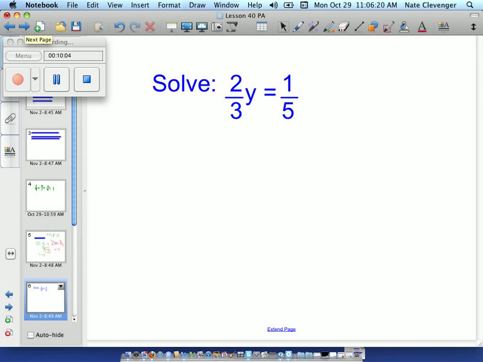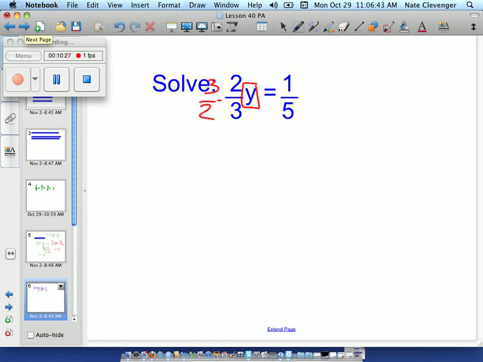I don't want to have to divide both sides by 2/3 and go through the whole process. I want to get my y isolated. To isolate my y, I'm going to multiply by the reciprocal of the coefficient of the value that's with the variable.